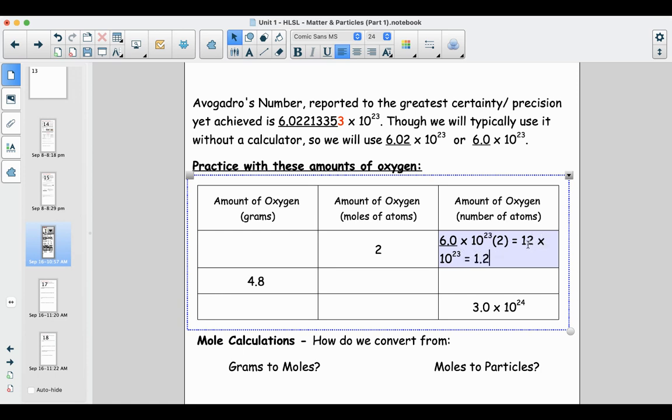We'd get 1.2 times 10 to the 24th. I made the 12 look 1 decimal place smaller, so I have to make the exponent on the 10 one larger. So having 2 moles just means you have twice as many particles as if you had 1 mole. And if 1 mole is 6 times 10 to the 23rd, times it by 2, you get 12 times 10 to the 23rd. It's kind of as simple as that.